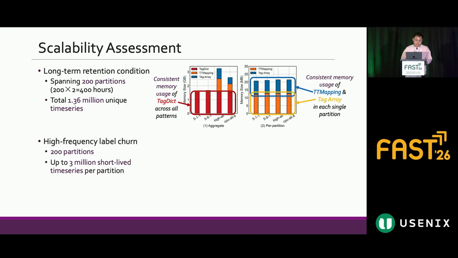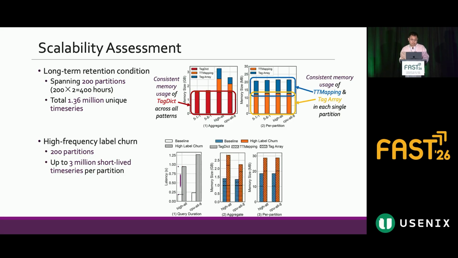And similarly for a high-frequency label churn, which means that in each time partition, we have significantly different numbers of time series. So in each partition, we may have up to 3 million short-lived time series, or for the smallest one, we only have several thousand time series.